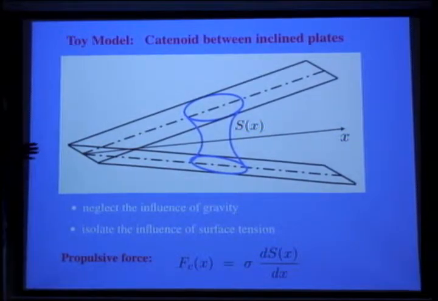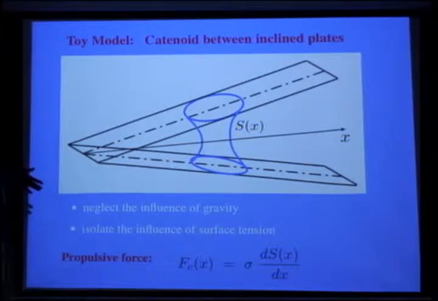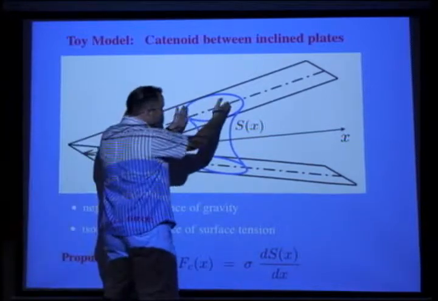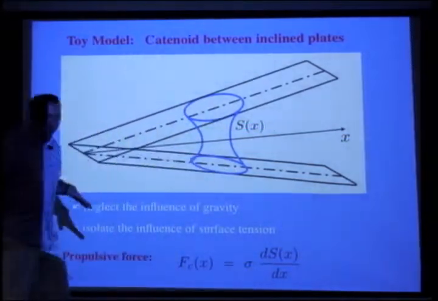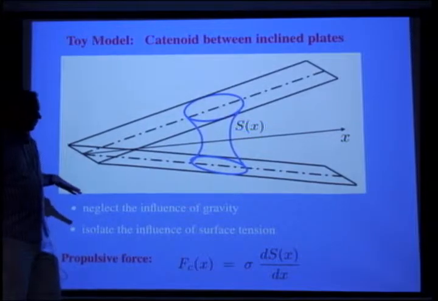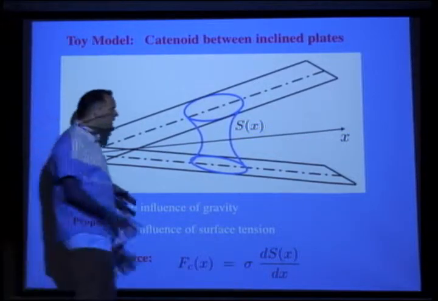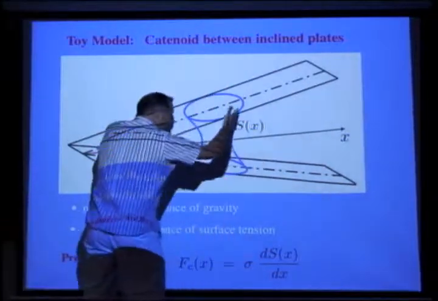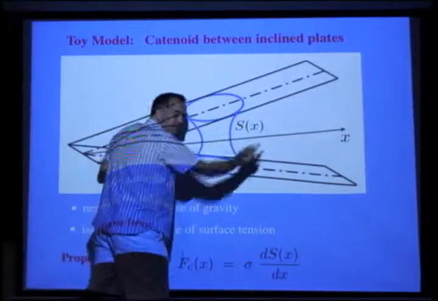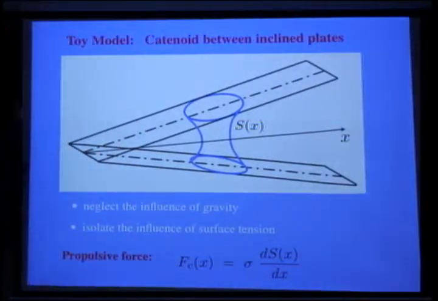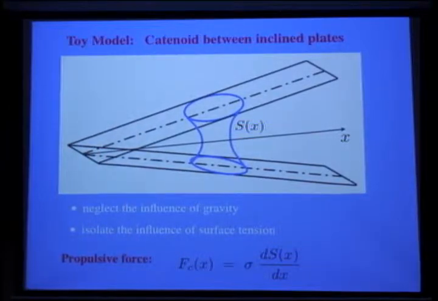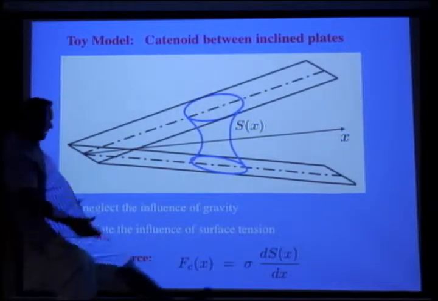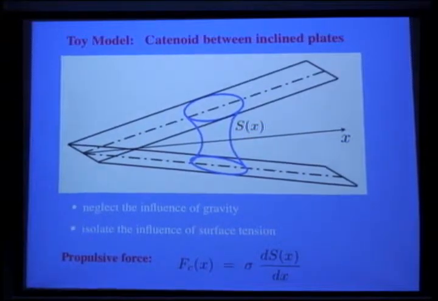And if gravity is negligible, then this thing is a catenoid, right? That's the shape that minimizes the surface energy. So you can look at the surface energy of the whole system as a function of x. Then the force acting on the drop is the gradient of that surface energy with respect to x.